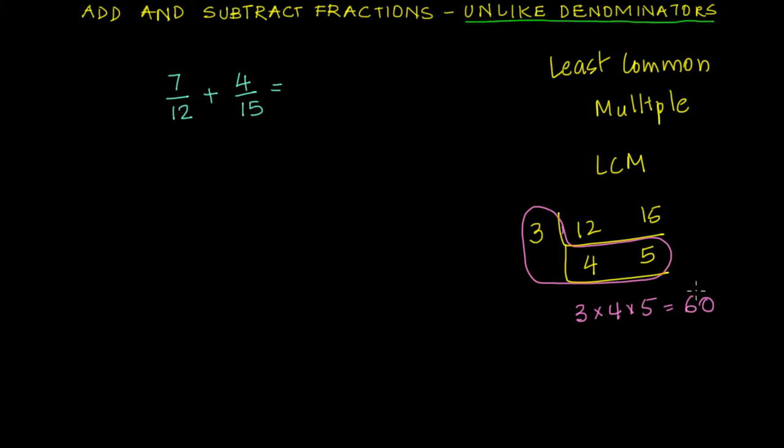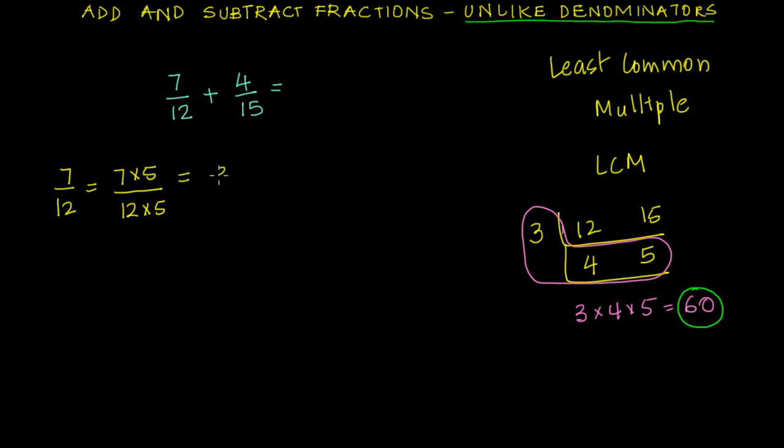Now that we have figured out the LCM, which is 60, that is our common denominator. So the next step is to find equivalent fractions for 7/12 and 4/15. So let's do that. 7/12 equals, now we want the denominator to be 60. So that's 12 times 5. And if I multiply my denominator by 5, I'll also multiply my numerator by 5.